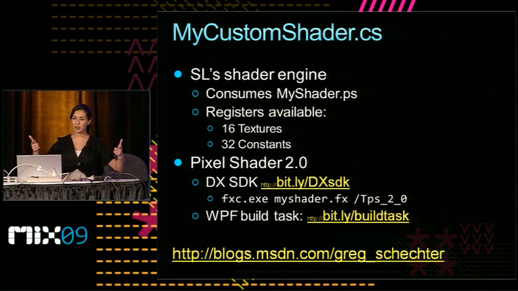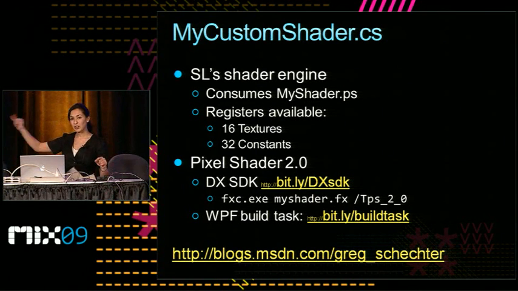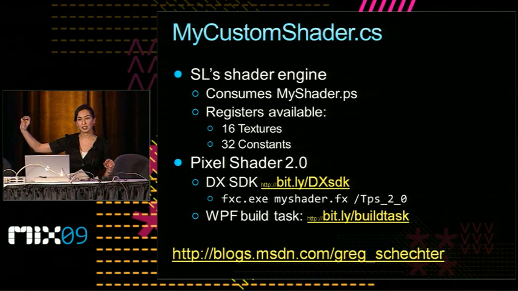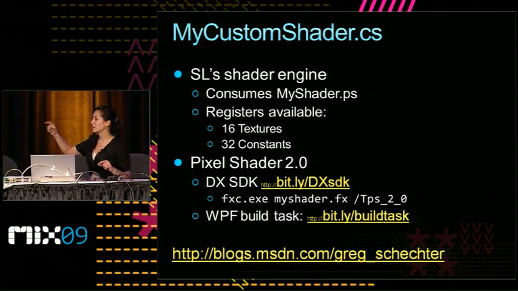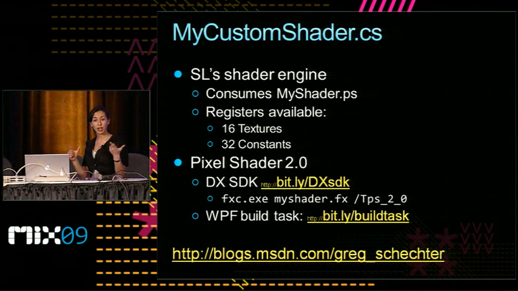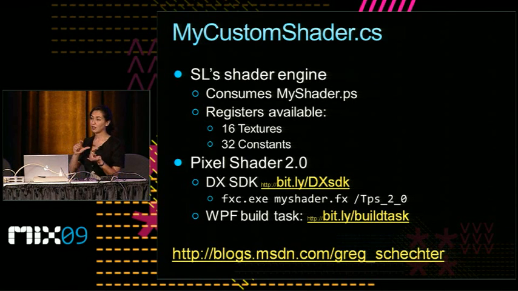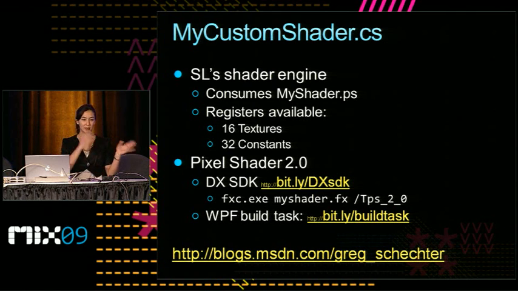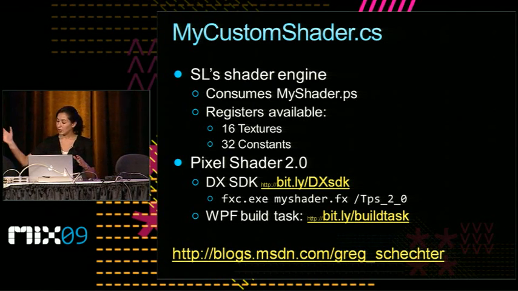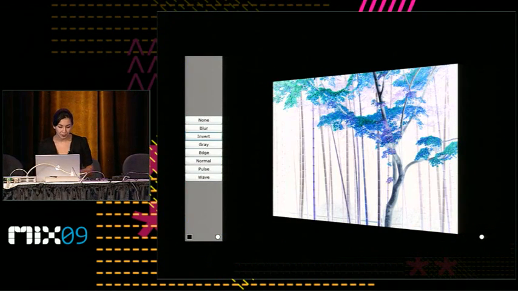I'm going to go into shaders, but here, Greg Schechter was our architect for WPF and Silverlight for quite some time, and he wrote a great series of blog posts on pixel shaders, how they work, and how they run. The only difference being in WPF, they're in hardware. But I would check out his blog.